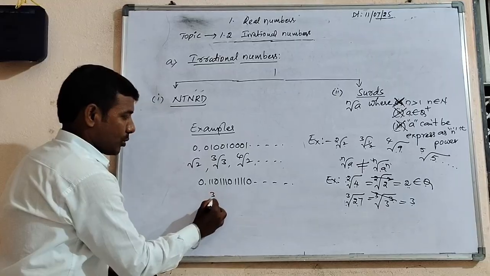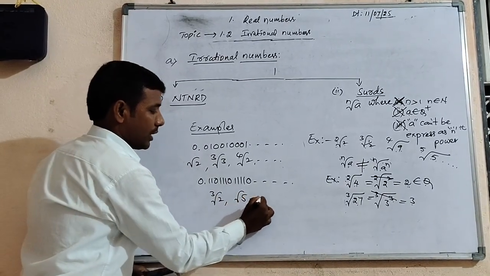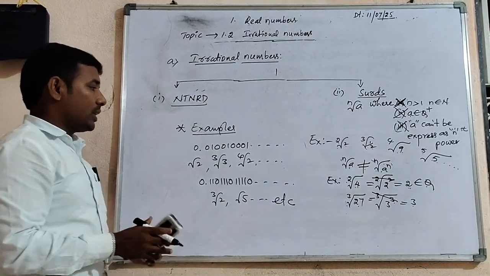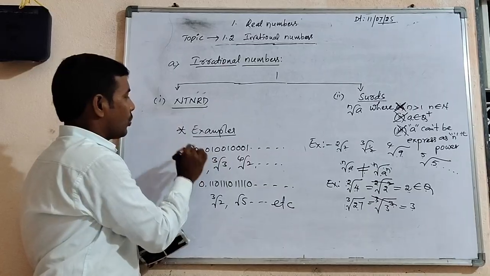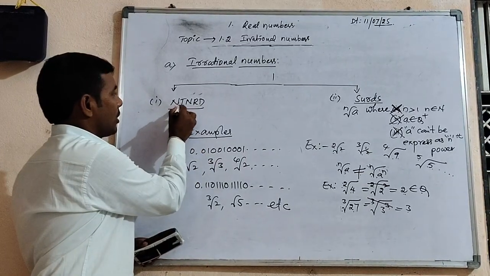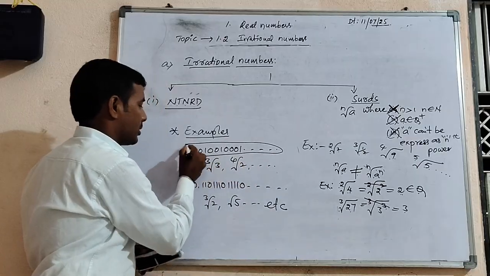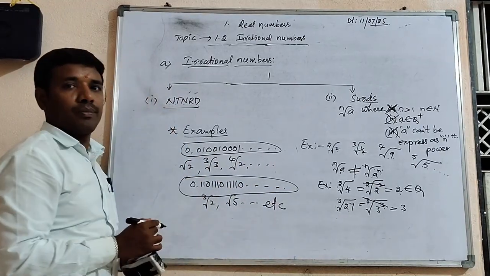Next cube root of 2, next cube root of 5, like this, etc. We can write many examples. But in this example, see carefully. What is this, tell me? I want to circle those which are called non-terminating, non-repeating decimals. This is a non-terminating, non-repeating decimal. This is a non-terminating, non-repeating decimal.